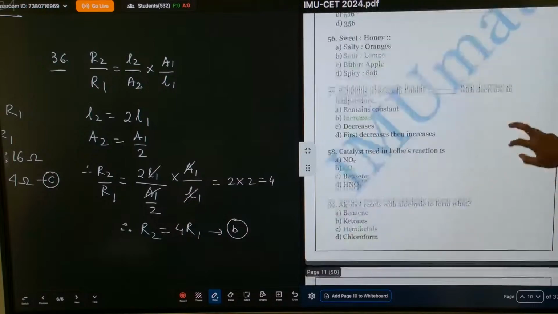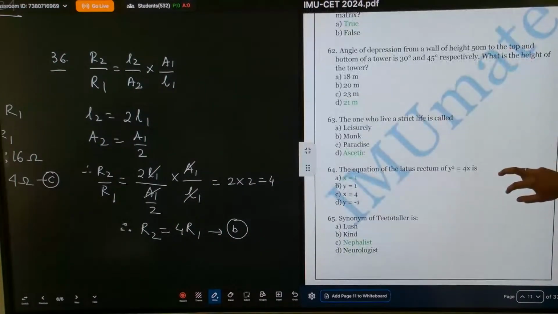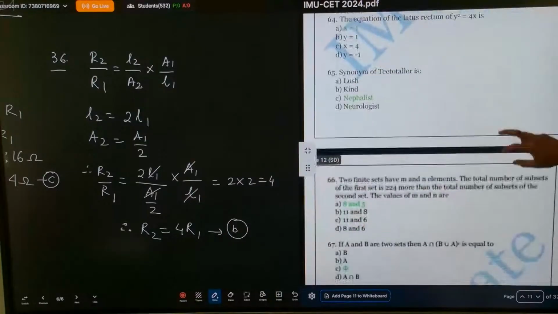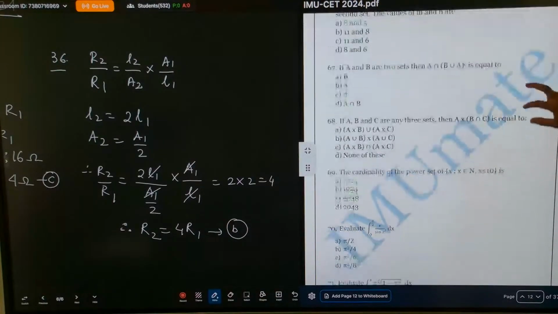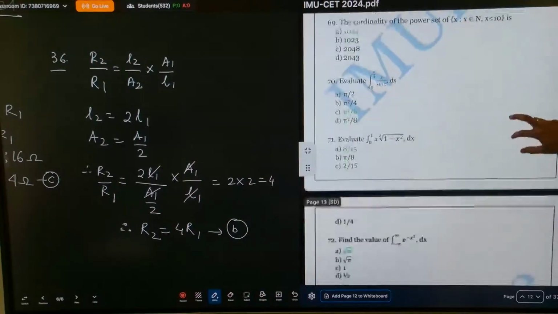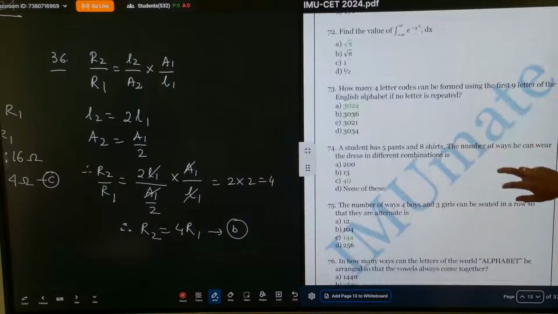Okay, here all the topics are mixed, I think. Alcohols, equations. Maths, physics, sorry, mixed. Very interesting integration.